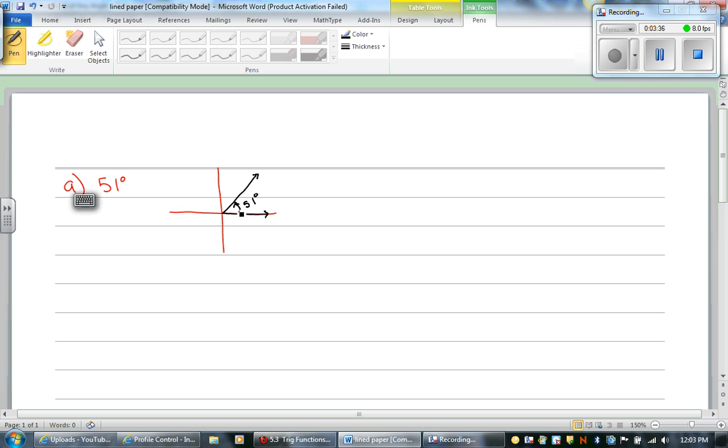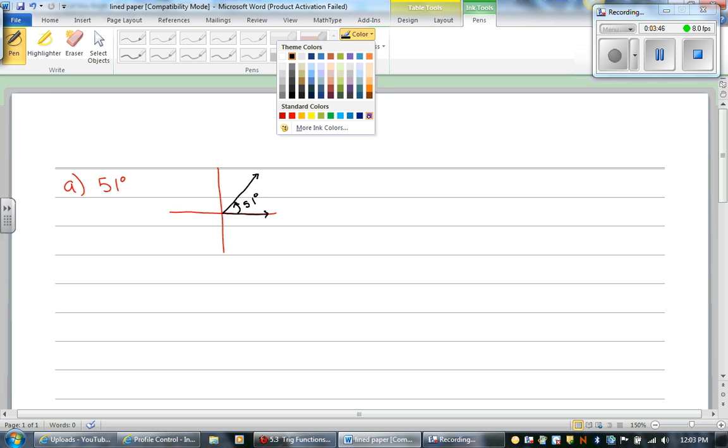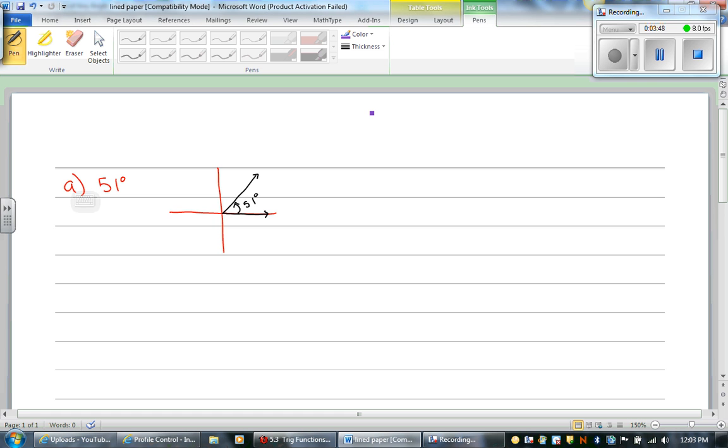I want to show my direction of rotation and the initial and the terminal. So a coterminal angle could be an infinite number of angles, but we're simply going to stick with one that is found by adding the 360 and subtracting the 360. So if I were to do 51 minus 360 degrees, this is going to give me my negative coterminal angle.